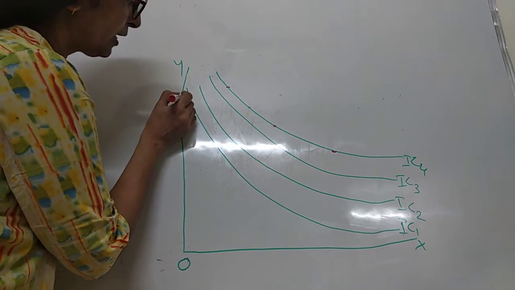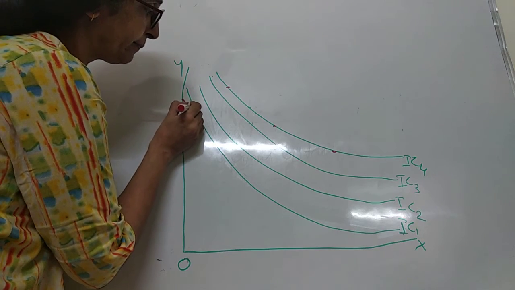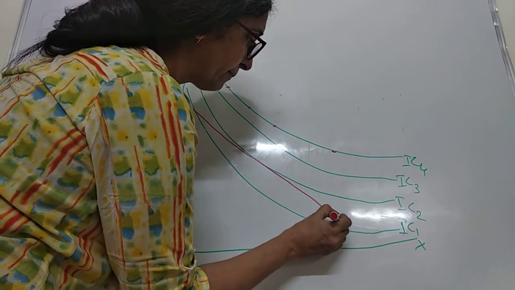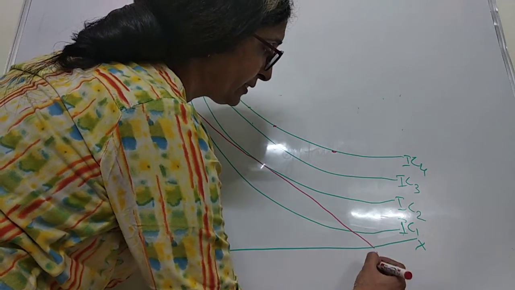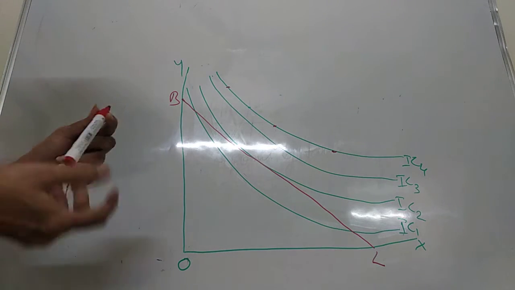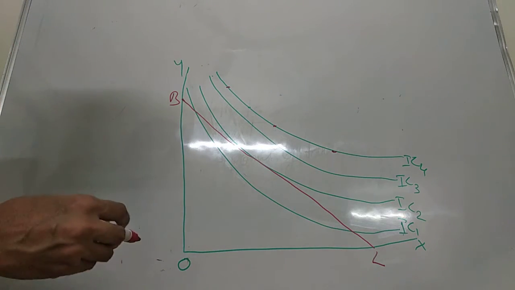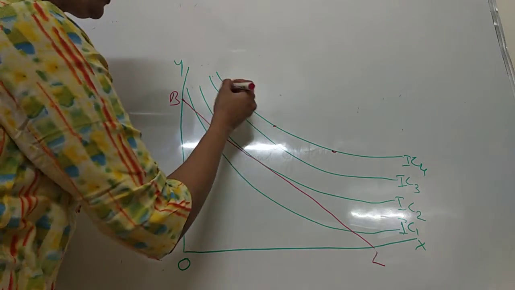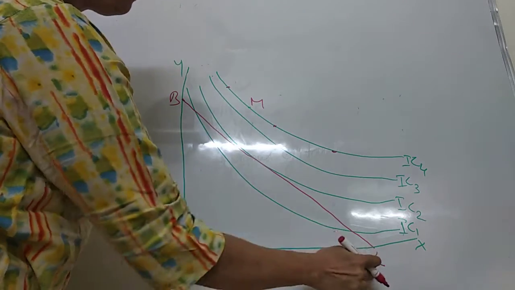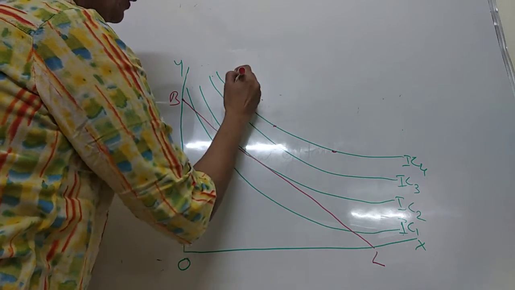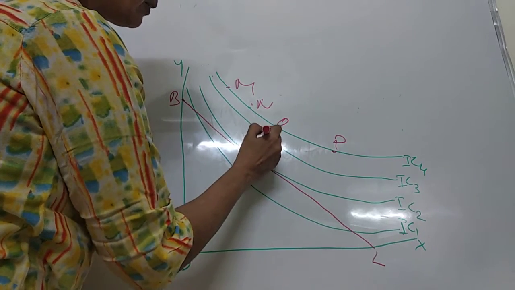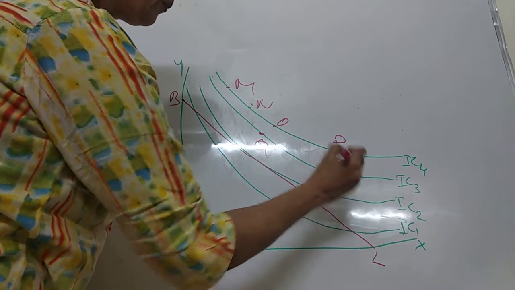So now suppose our budget line is here. So this is our budget line, BL. Okay. Now see, all these combinations, M, N, O, P, Q, R, right?